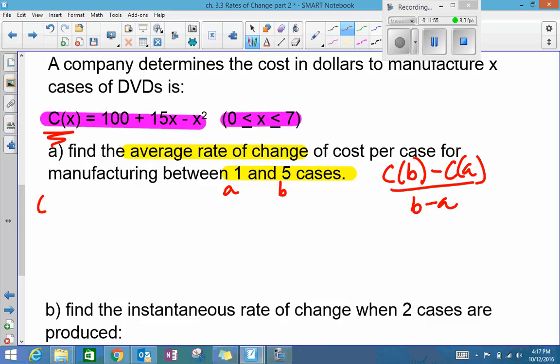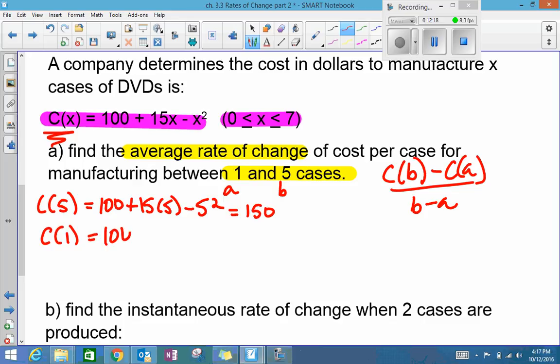So C of 5 equals 100 plus 15 times 5 minus 5 squared. And if you plug that in your calculators, you get 150. And C of 1 equals 100 plus 15 times 1 minus 1 squared, which gives you 114.